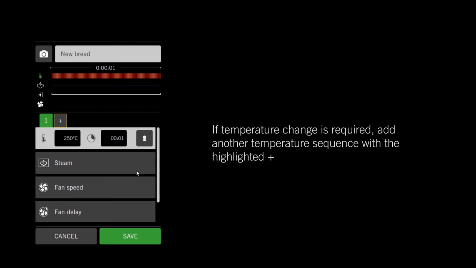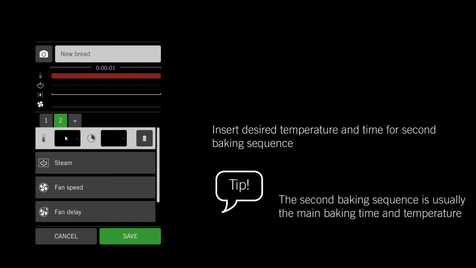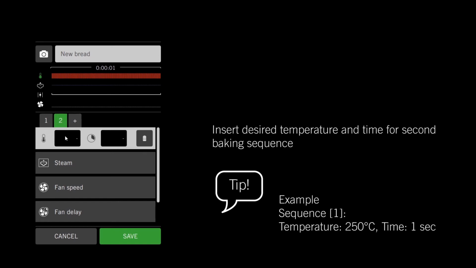If a temperature change is required, add another temperature sequence with the highlighted plus. Insert the desired temperature and time for the second baking sequence. The second baking sequence is usually the main baking time and temperature.